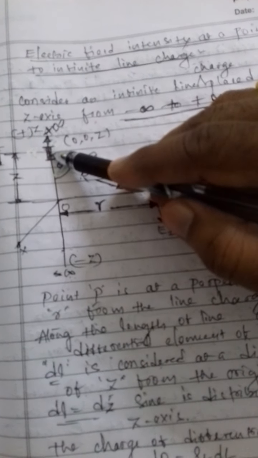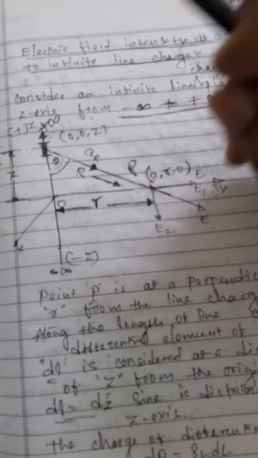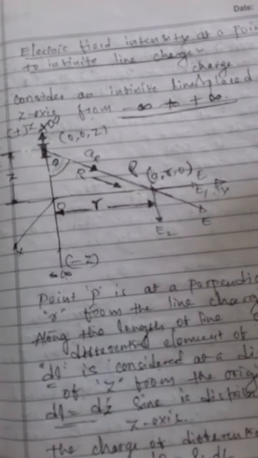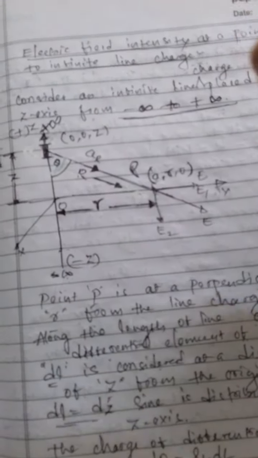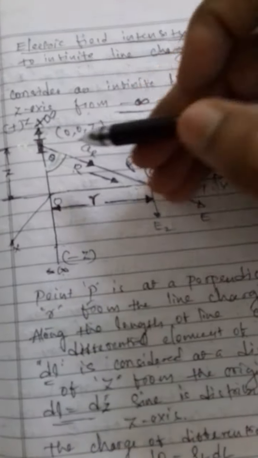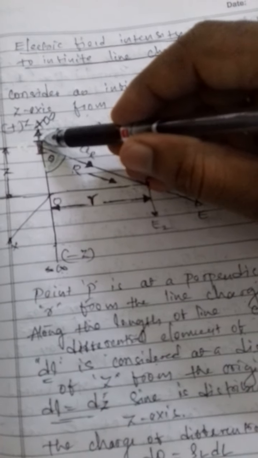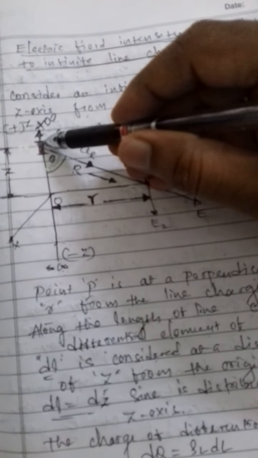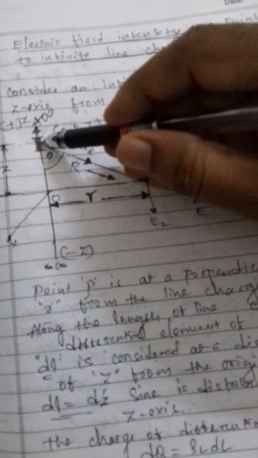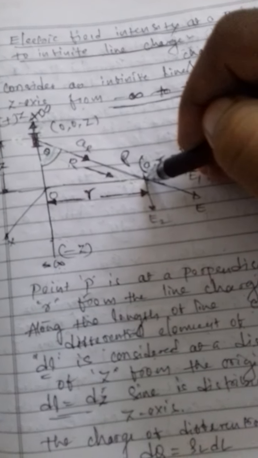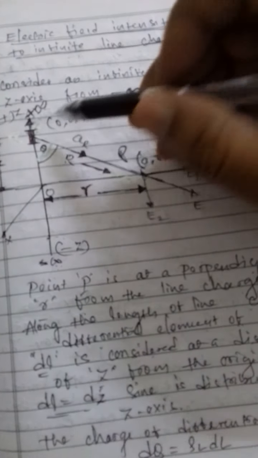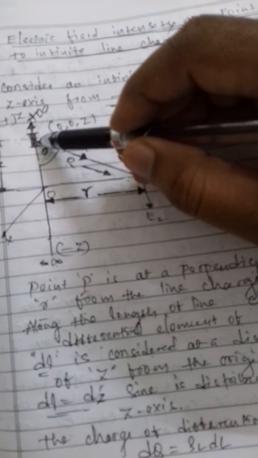This incremental length has some line charge stored in it, and you first determine the electric field intensity at point P due to this incremental length.